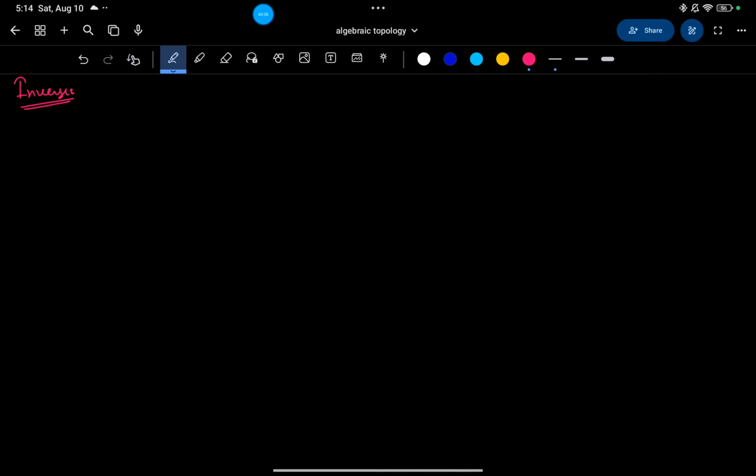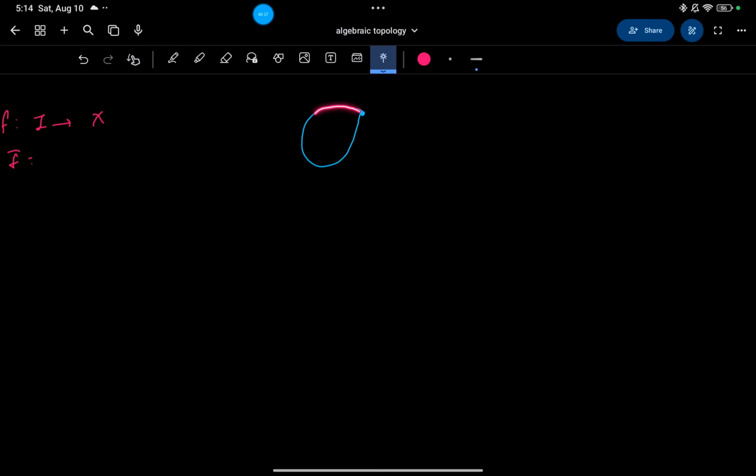And another one is the inverse. Inverse is something like this: suppose we have f, a mapping from I to X. Note that f being a mapping from I to X means it is basically a loop, right? So I can traverse either clockwise or anti-clockwise.